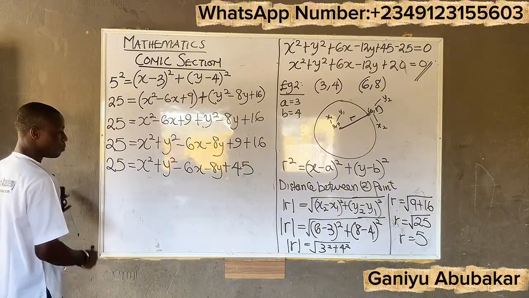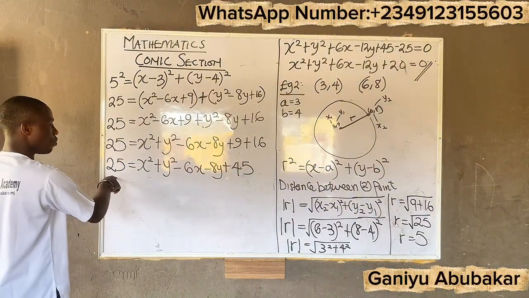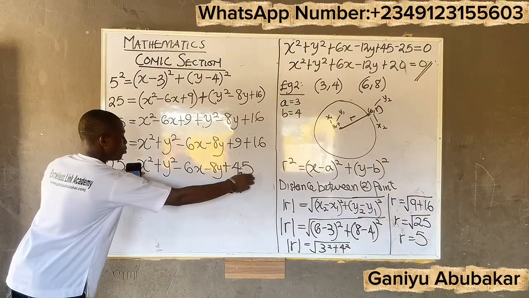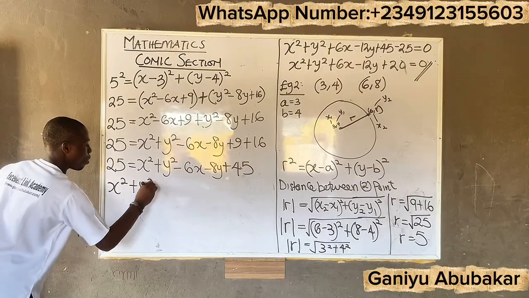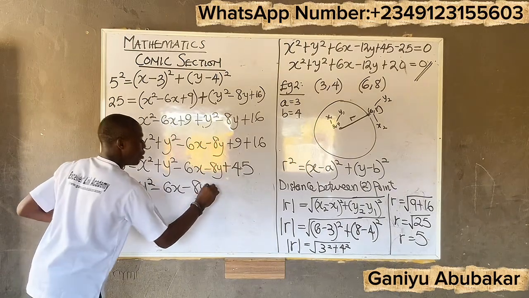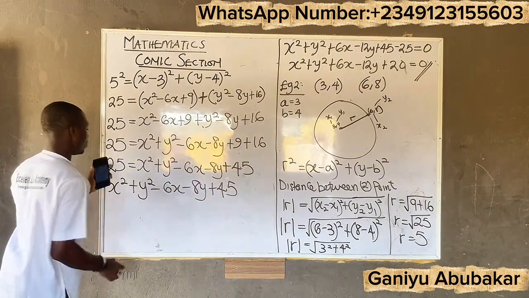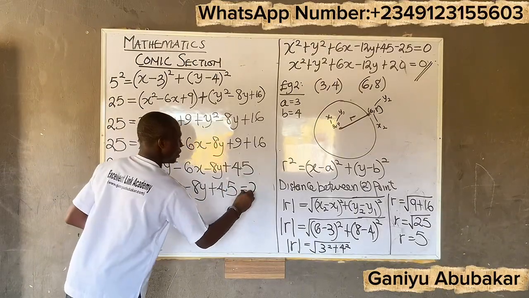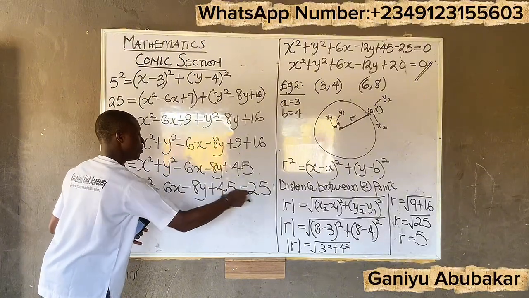So we said as usual that this 25 will move here. In other words, take out this one first. That gives you x squared plus y squared minus 6x minus 8y plus 25, then equal to 25 should be here. So instead of wasting my time, I'll move this 25 here.